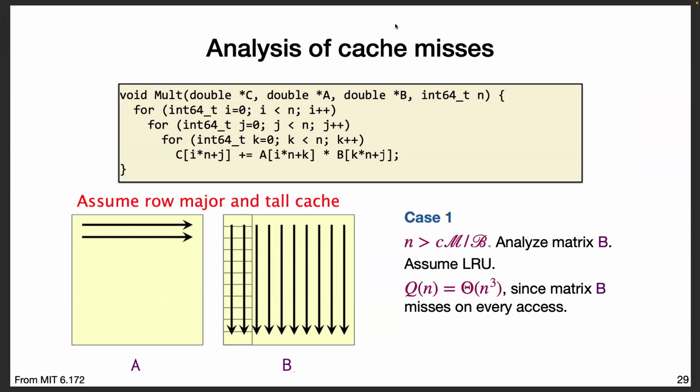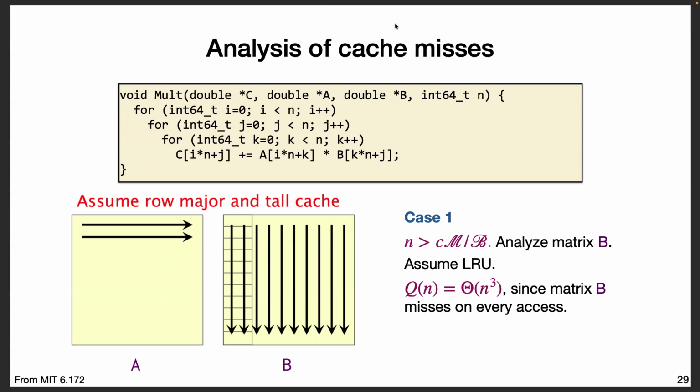So if n is greater than some constant times M over B, then assuming LRU, A is stored horizontally, both A and B are stored in row major, and B is being accessed column-wise.